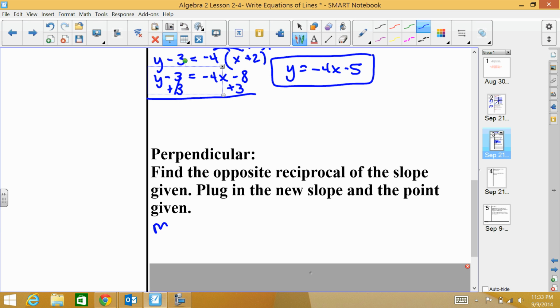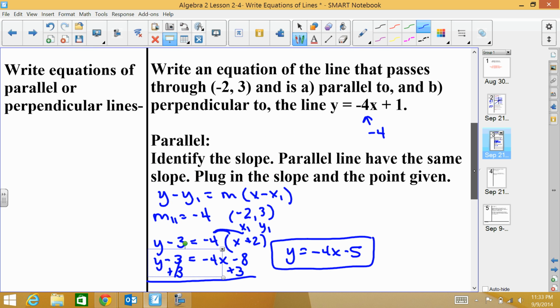So originally my slope was negative 4, but the perpendicular slope, if I write it like this symbol is perpendicular, that would be positive 1/4 because I would take this and I would do the reciprocal and change the sign to positive. So the new slope that I'm going to use in this equation is positive 1/4. Okay, now it's still passing through the point negative 2, 3.